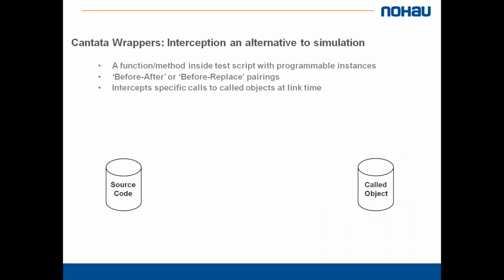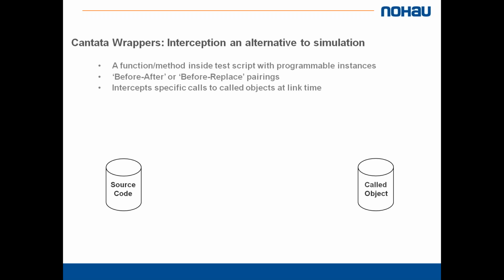How do you respond to that bit error in your error handler in your source code? It's a situation which is very, very difficult to generate live with consistency.